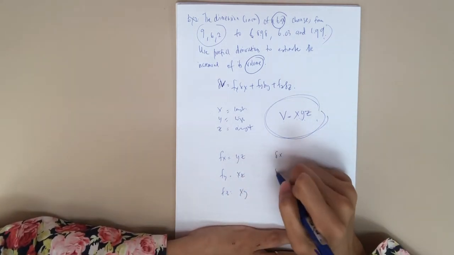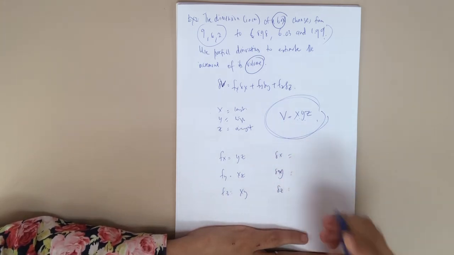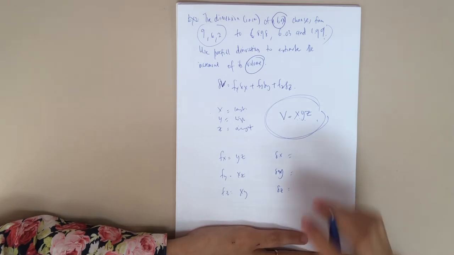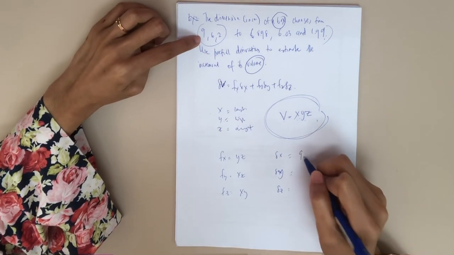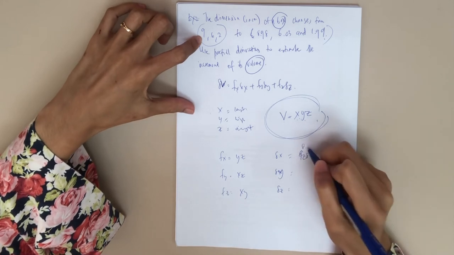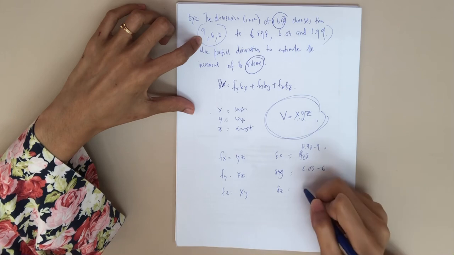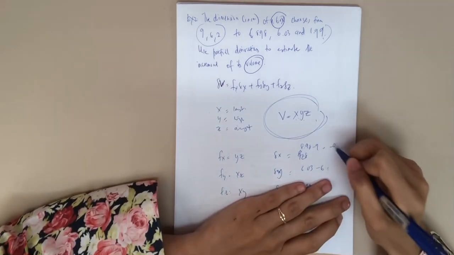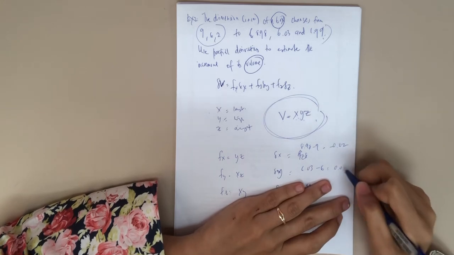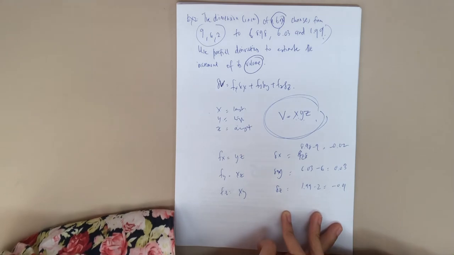Then what is the change of x, the change of y, and the change of z? You can get the changes from here: 8.98 minus 9, 6.03 minus 6, and 1.99 minus 2. So this is negative 0.02, this is positive 0.03, and this is negative 0.01.